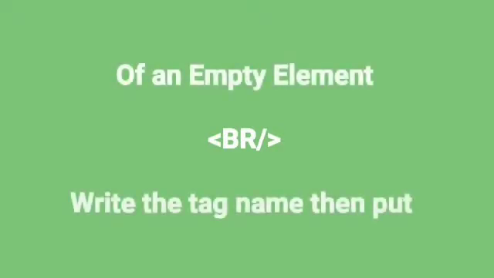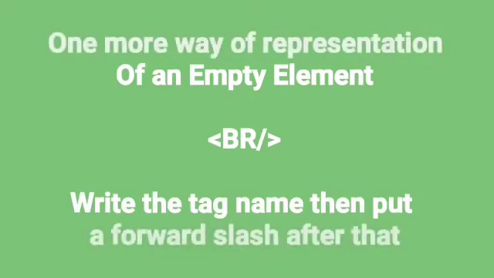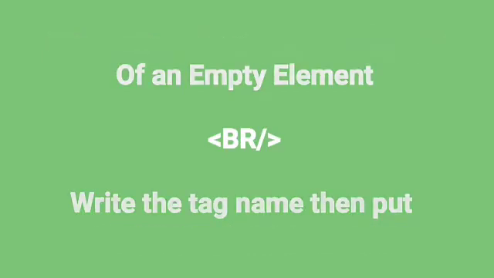One more way of representing this empty element is to just write the tag name, BR, and after that a forward slash. In an end tag we put the forward slash before the name of the tag, like font start, font end, and before that font end we include that forward slash. That is the mark of an end tag. But when we are representing an empty element, after the open tag, start tag, just put a forward slash.